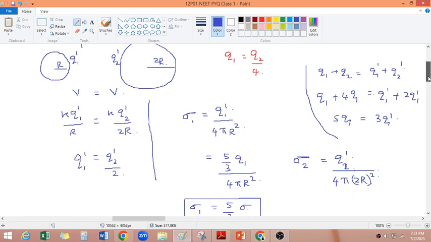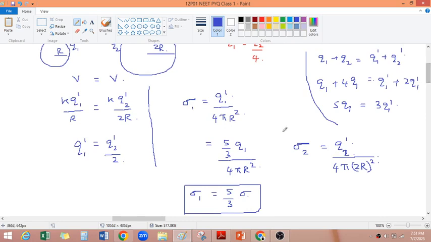I can replace q1 dash as q2 dash by 2, or I can write q2 dash as 2 times q1 dash, divided by 4 pi 2r the whole square.